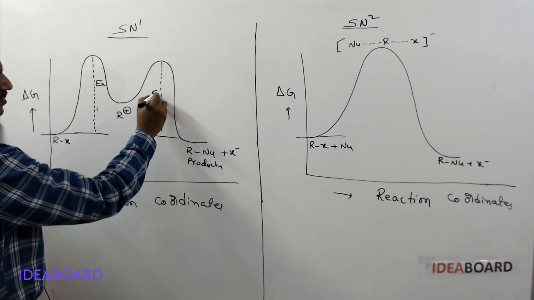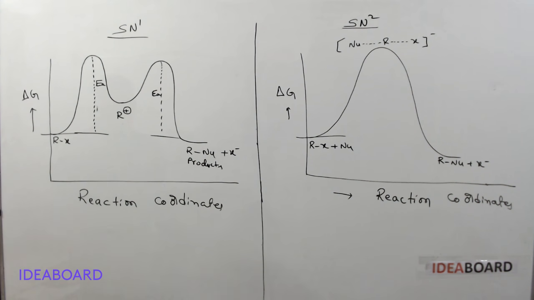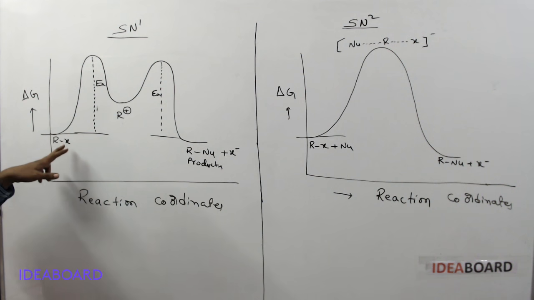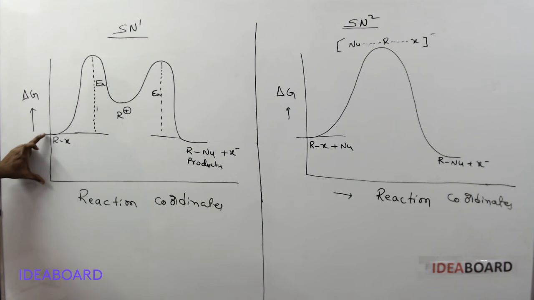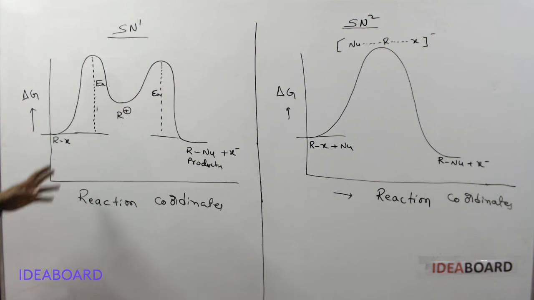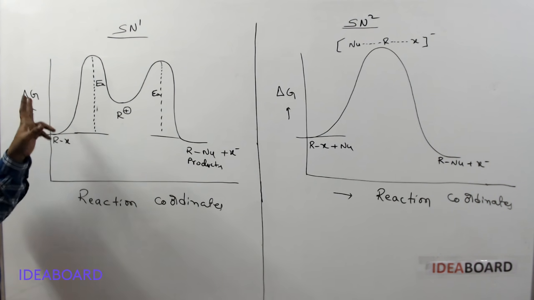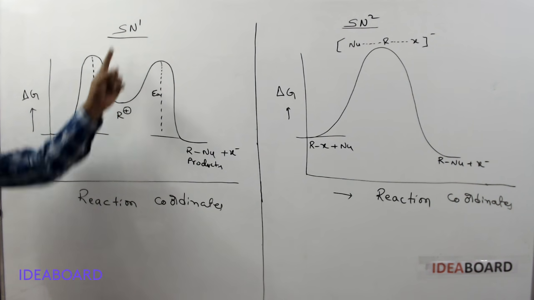The energy required for this conversion is called the activation energy, and this much energy is required for converting the reactant into the reaction intermediate and finally into products. So this is the representation of the SN1 reaction.